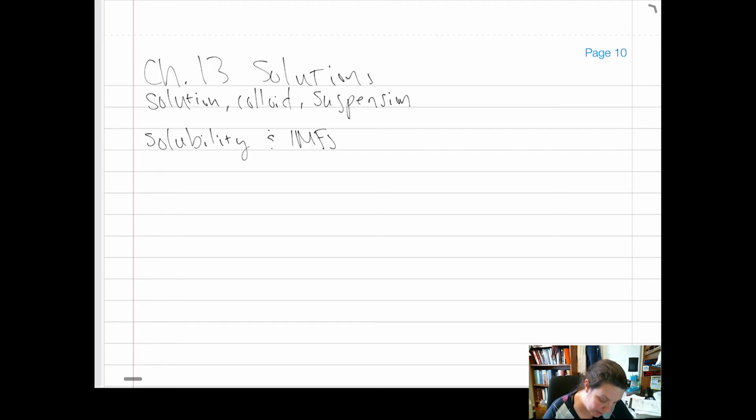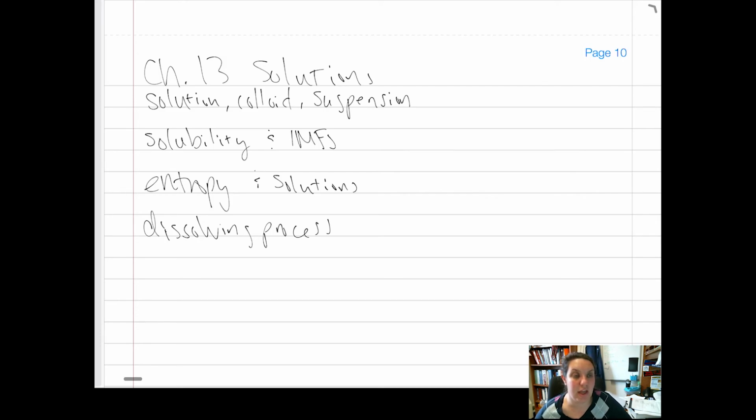You need to know what entropy is and how it is related to the solution process. You should know what's going on during the dissolving process. And you should know your H1, H2, and H3. So you should be able to do a somewhat calculation of H solution when you take H1 plus H2 plus H3, right? So this is going to be your solute.